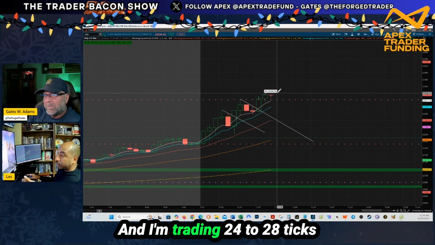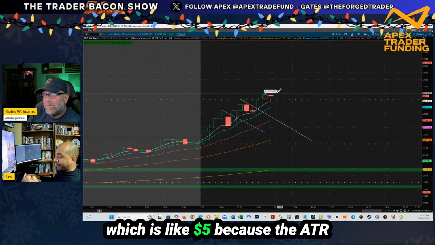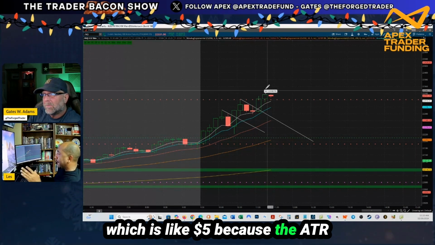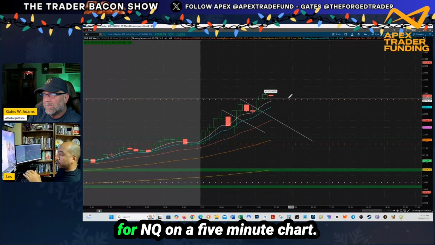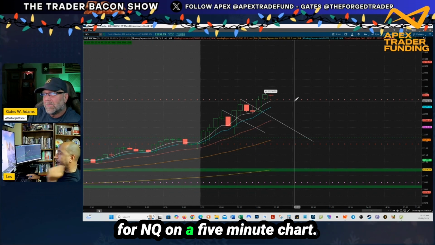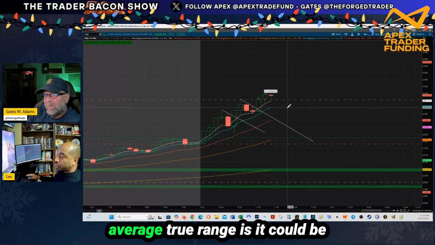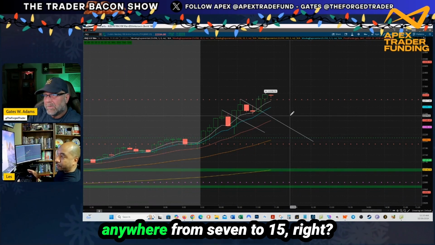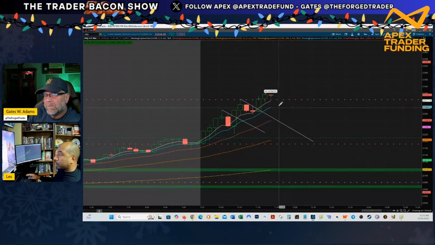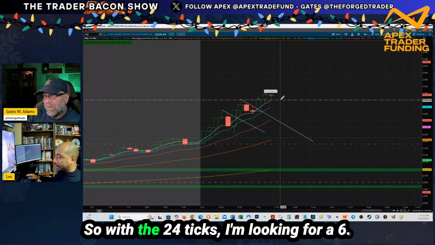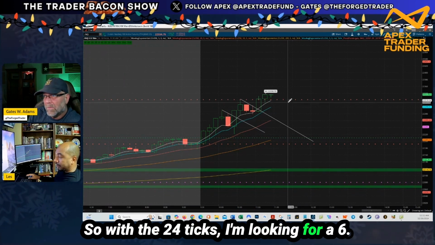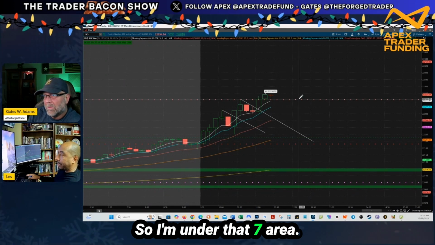I'm trading 24 to 28 ticks, which is like $5, because the ATR for NQ on a 5-minute chart, the average true range, could be anywhere from $7 to $15. So with the 24 ticks, I'm looking for $6. So I'm under that $7 area.